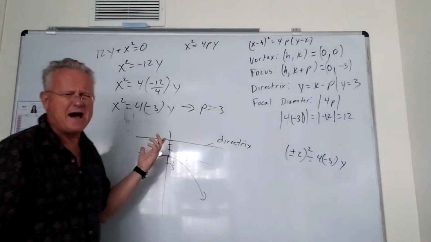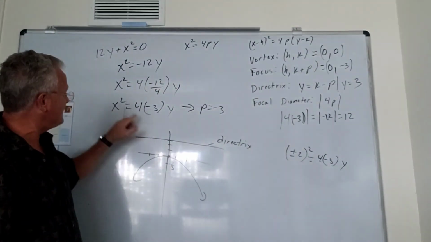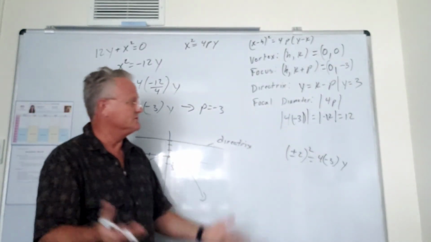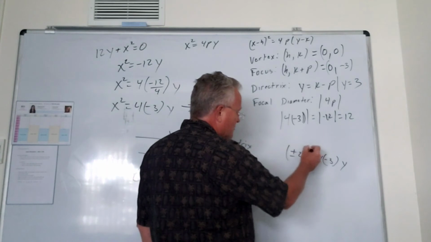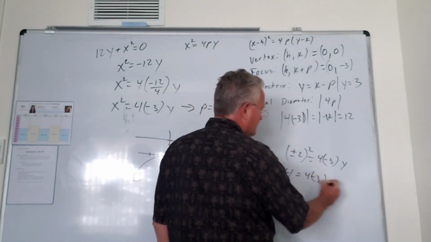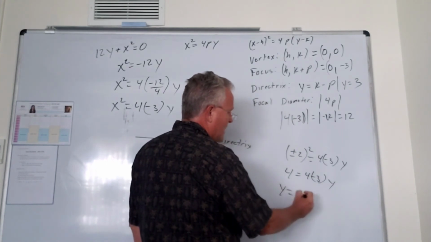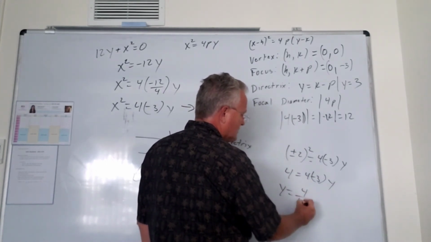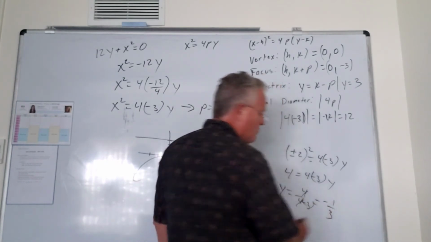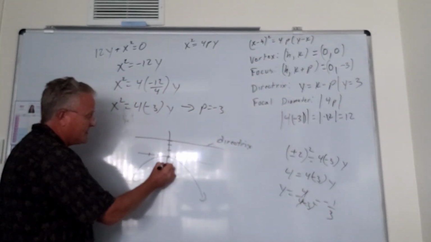Why did I pick positive and negative 2? Because when I square it, I get 4, and it's just going to cancel. That's the only reason. When I square a positive or a negative, it becomes positive. When I divide, we get y equals 4 over 4 times negative 3. The 4's cancel, and we get negative 1/3. So that's where we get our negative 1/3. This is not to scale.